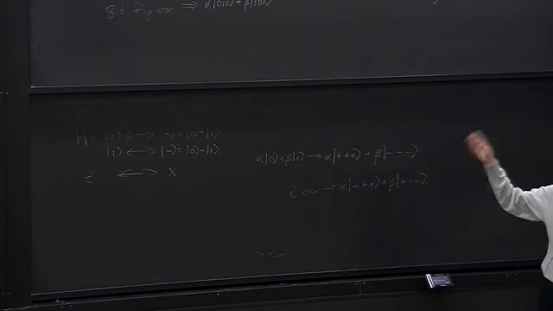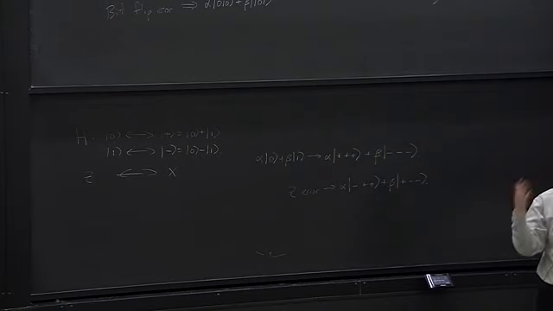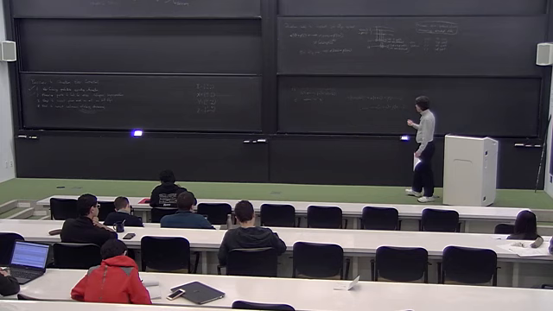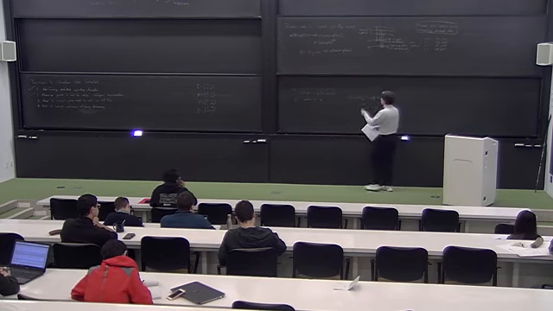OK? So everything works exactly the same way as for the previous error. We're just doing it in a different basis. OK? Does that make sense? So this is then a 3-qubit phase error correcting code.